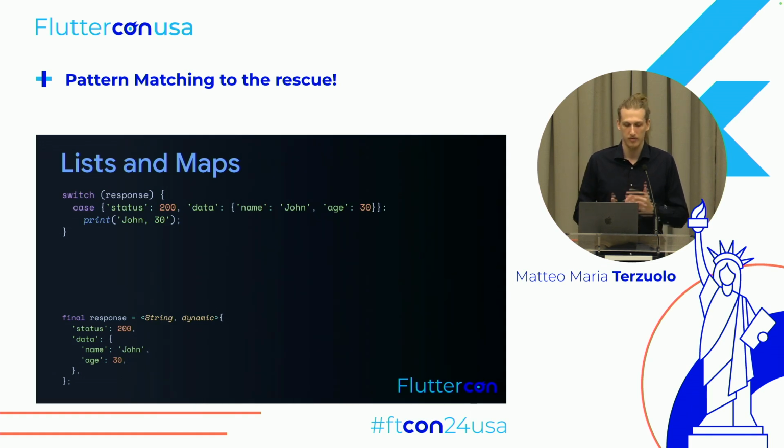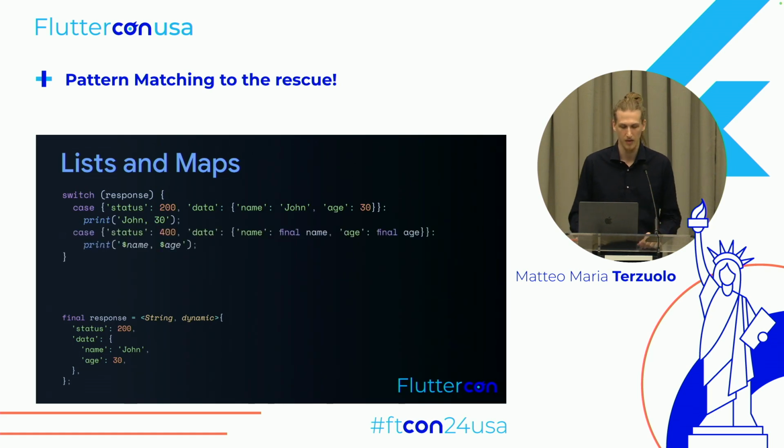So if, for example, the name of the person in that map is going to be Luke, that case won't pass, because the status is the same, the age is the same, but not the name, okay? So it's going to check the whole map and pass then.